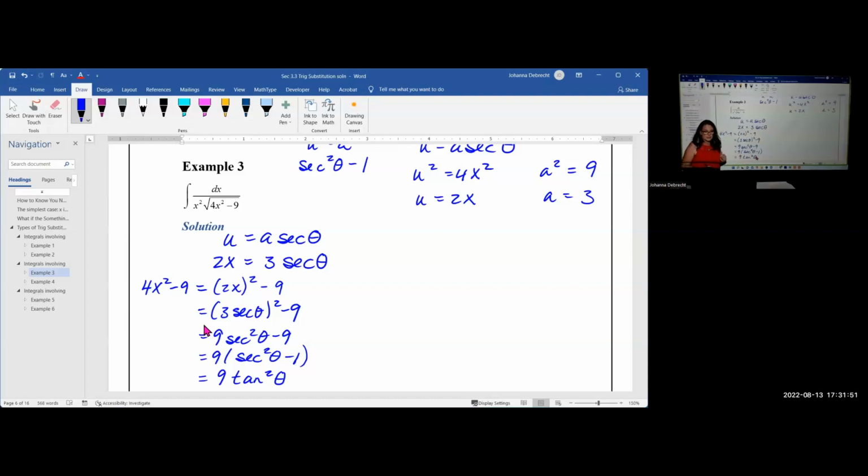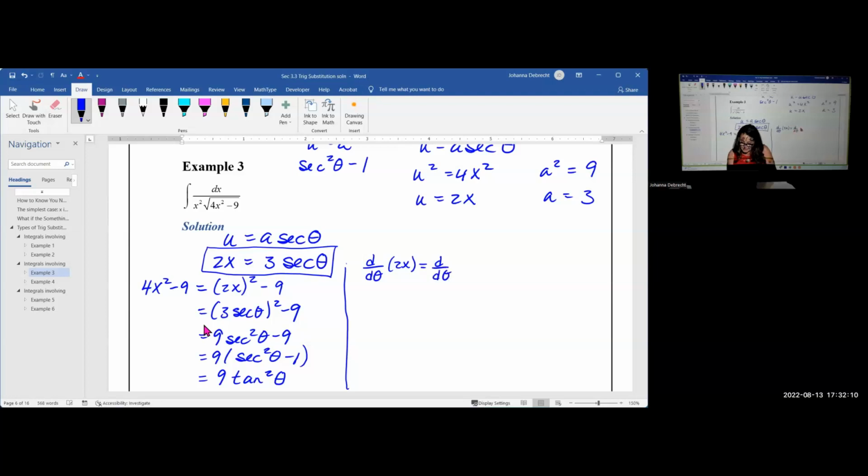Now, the next piece that I want to do is replace the differential. So I'm going to replace the differential as my next step, and I'm going to outline my basic substitution. So I'm going to take the derivative with respect to theta of 2x, and then the derivative with respect to theta of 3 secant of theta. Well, the derivative of secant of theta is 3 secant theta tangent theta.